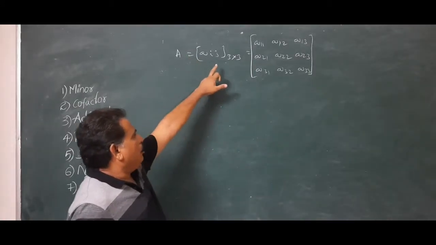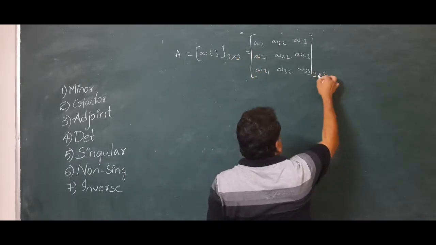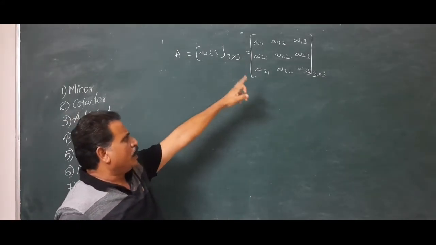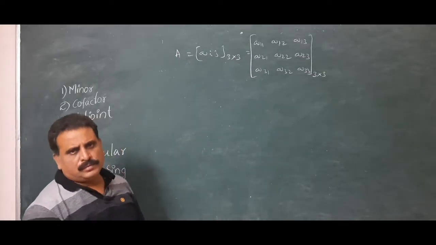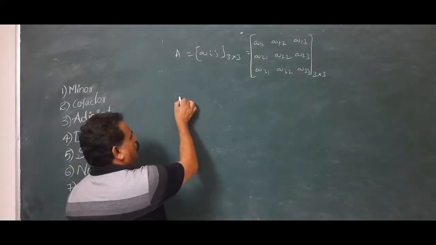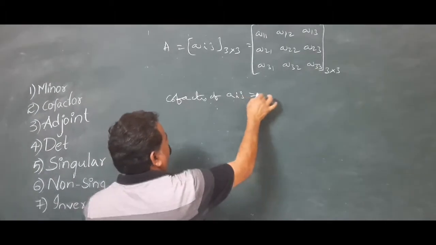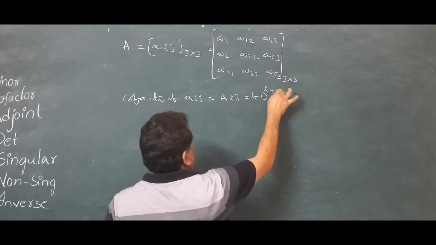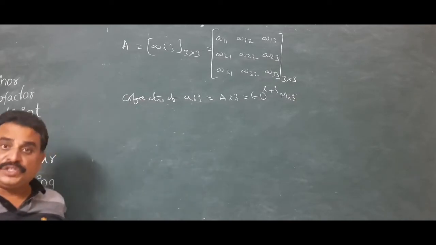A is 3 by 3. Expand that, we get the 3 by 3 matrix: first row A11, A12, A13, second row A21, A22, A23, third row A31, A32, A33. Now we discuss the cofactor of an element. Cofactor of Aij is capital Aij, equal to minus 1 whole power i plus j into Mij, where Mij is the minor of Aij.